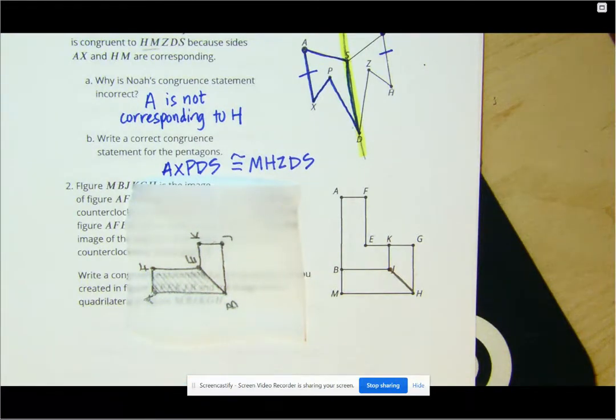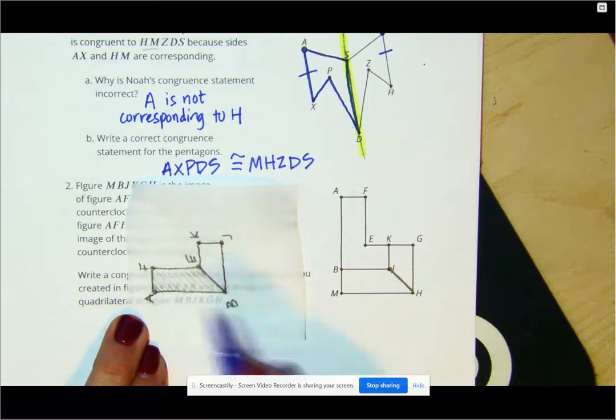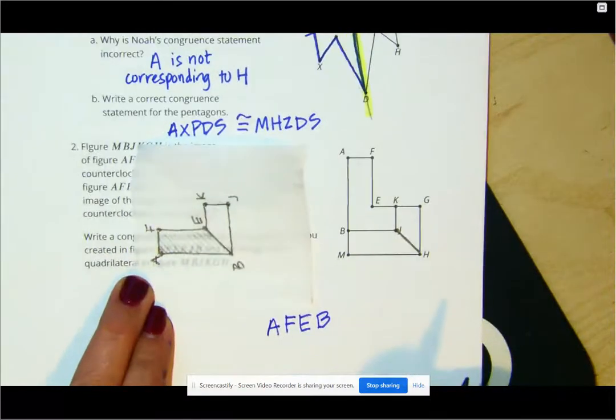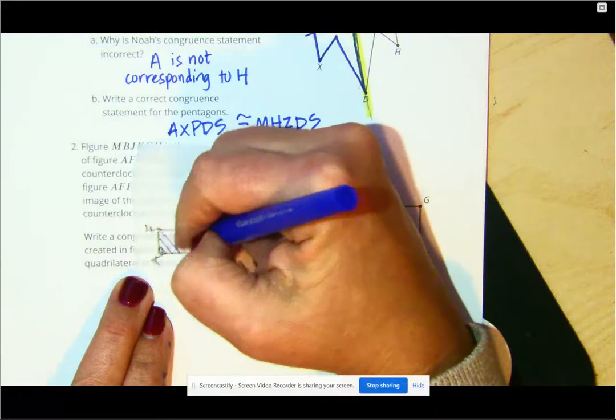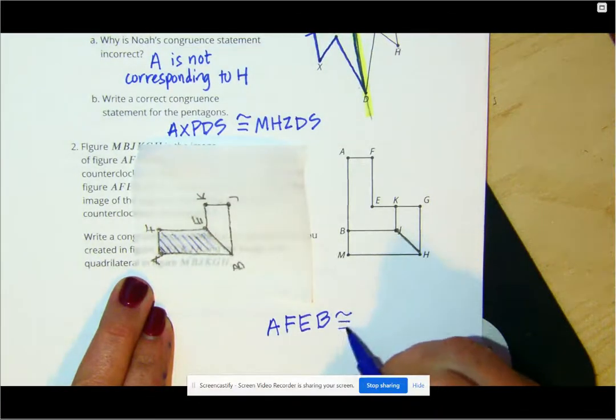So now I have quadrilateral, and does it matter what letter you start with? Absolutely not. I'm going to start with the letter A, and I'm going to go this way. So I know that this quadrilateral, A, F, E, B, that's this one that I shaded in right here, is congruent to, I got to say it the same way.